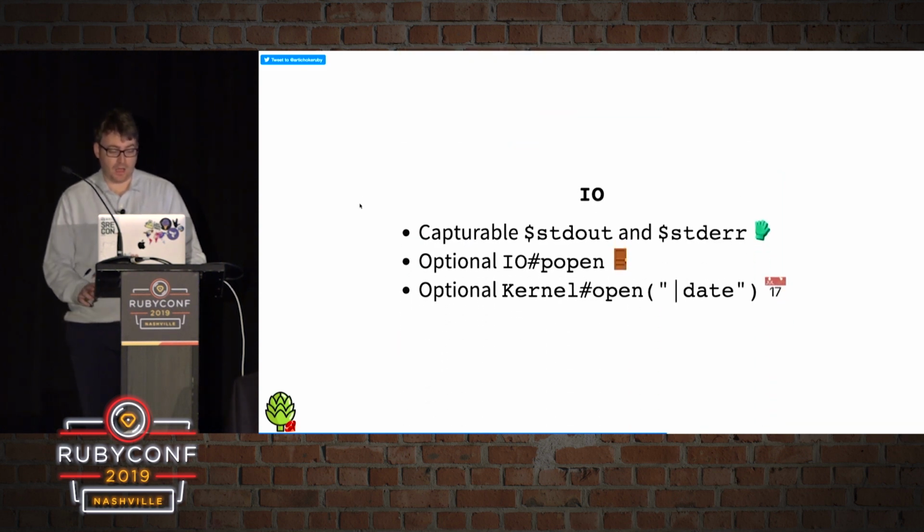Additionally, we can add and remove different parts of I/O if we would like in order to improve the security guarantees of the Ruby that we're building. There are some particularly scary parts of I/O, such as IO.popen and Kernel#open with a pipe.